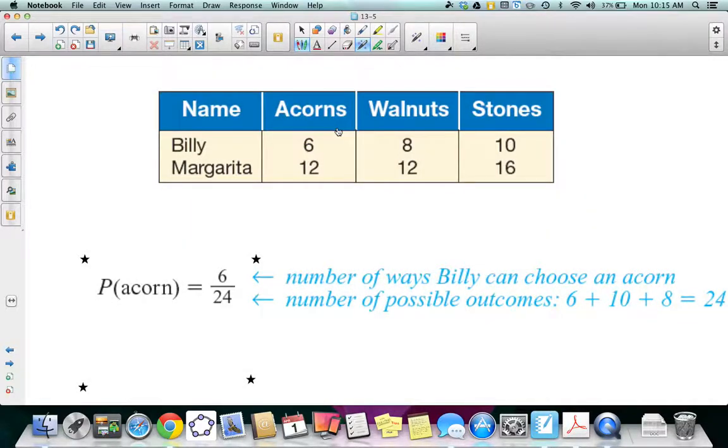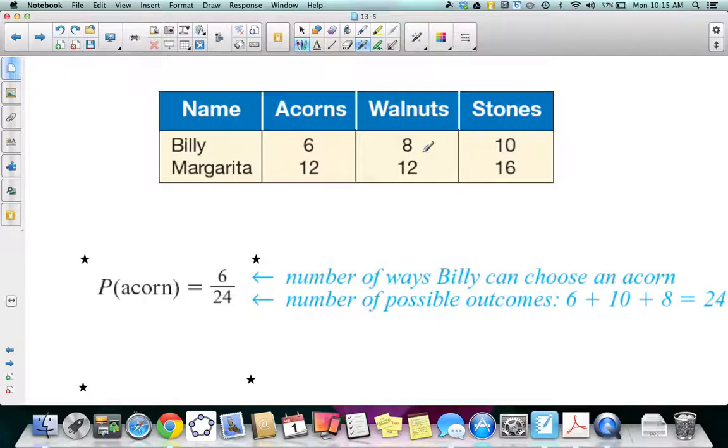And 24 would be the number of possible outcomes because Billy has 6 plus 10 plus 8 things in his bag, which will equal 24. So it's 6 over 24, the probability of Billy choosing an acorn.